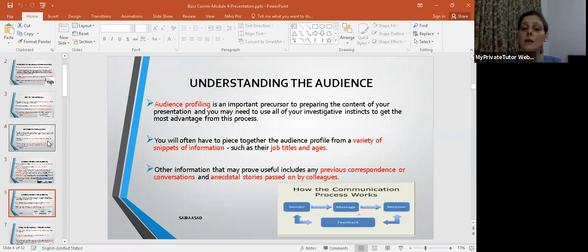Other information that may prove useful includes any previous correspondence or conversations, and in total, stories passed on by colleagues. Yes, another tool: the stories you get from previous colleagues, or any previous correspondence with your company. You get to know, oh, we did this. Say you're a new employee in a new organization, and you have a job to correspond with a person of another company.